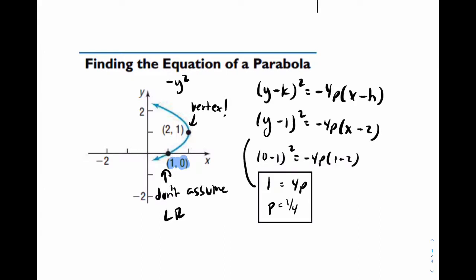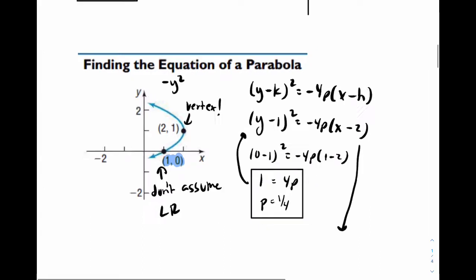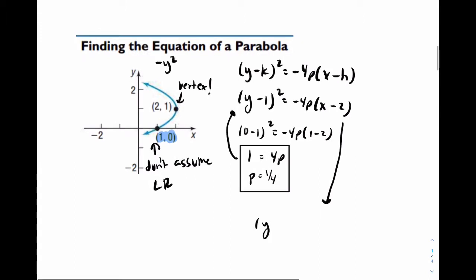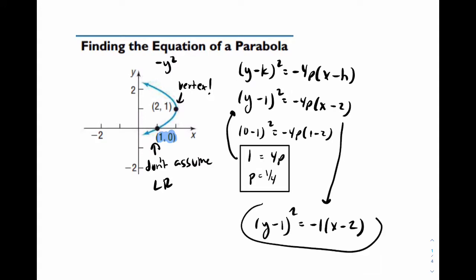Now we're going to plug that into here to make our equation. So y minus 1 squared is equal to, if p is a quarter, just -1 times x minus 2. And there's our answer. And we can verify it pretty easily. The vertex is 2, 1.